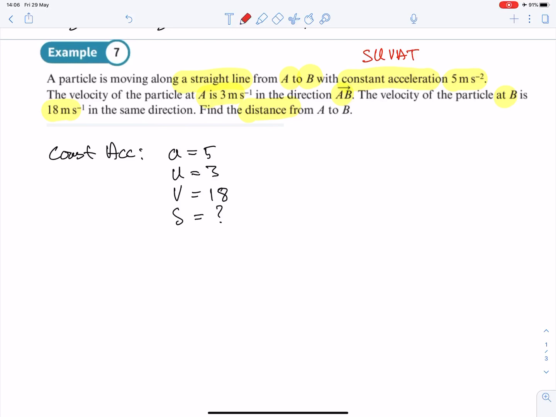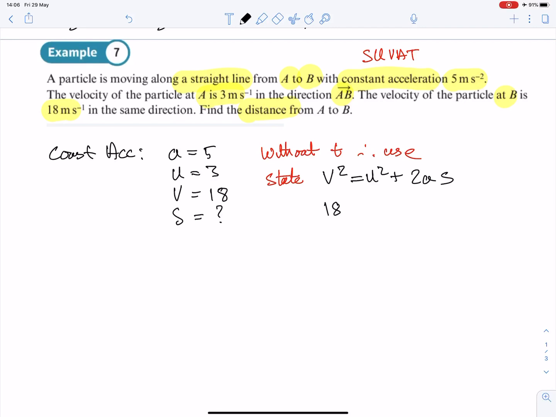So without t, therefore use, and then we state the equation. Have a look at the list, find the one without t. Hopefully you've picked out v squared equals u squared plus 2as.